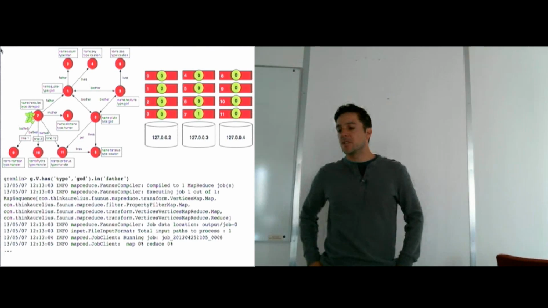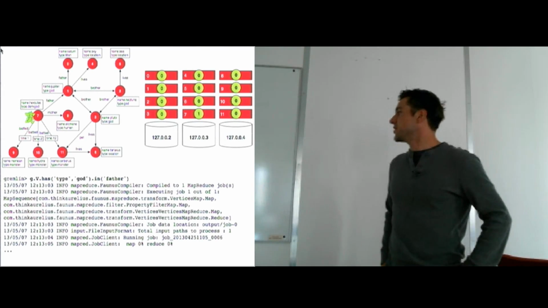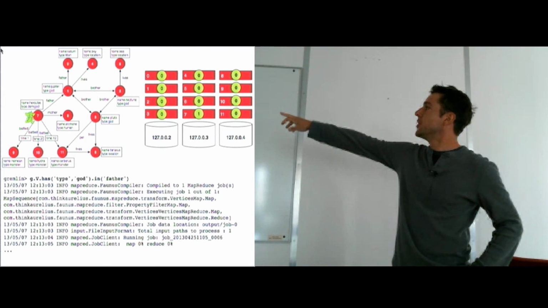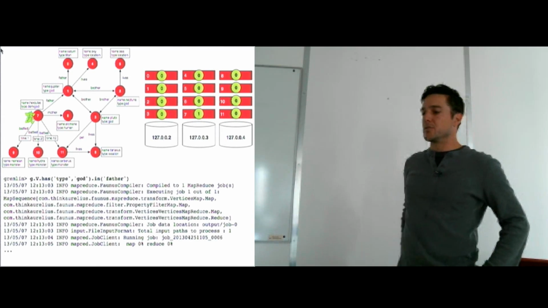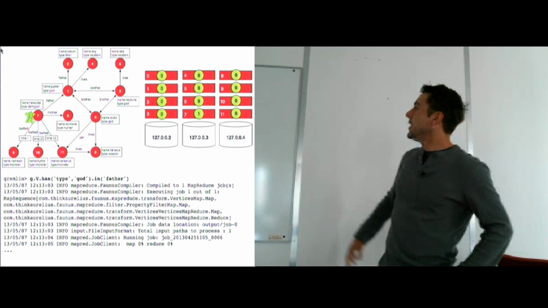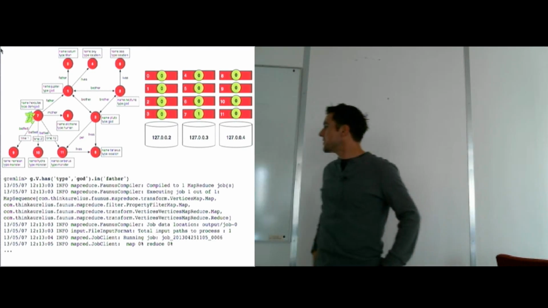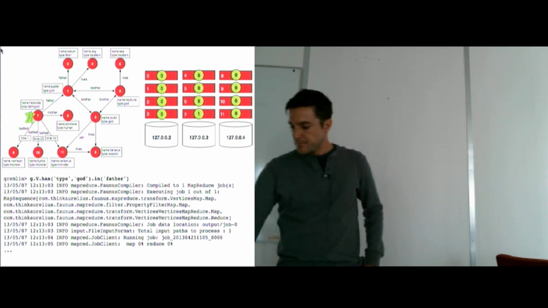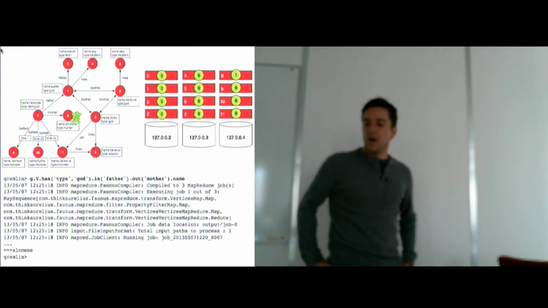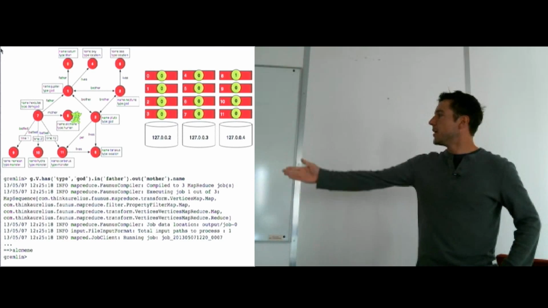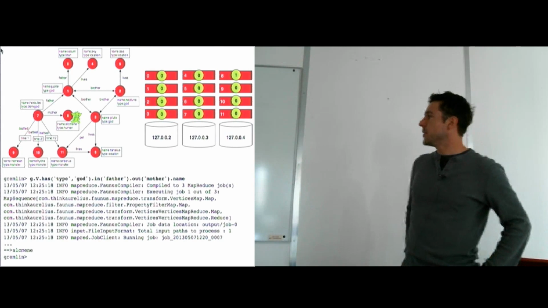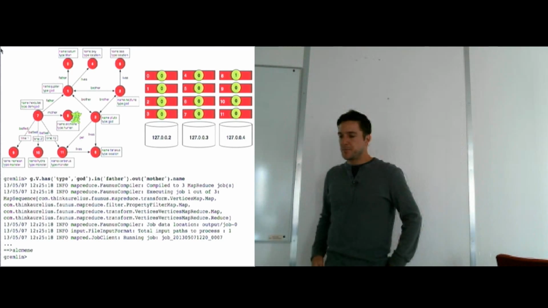And so I can take an incoming step walk of father that's going to go from Jupiter to Hercules. Neptune and Pluto had no children, therefore those tokens die. And at this point, I have one walker on vertex number 7. And then I can say who is the mother of that child, and that gets me to Alcmene, and give me her name, and at the bottom of my output is Alcmene. And this compiles down to 3 MapReduce jobs.